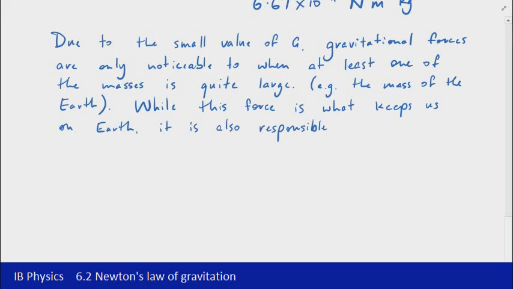Notice though that the value of the force would be different when you've got a greater distance, say for the Moon or satellites, or the further out that you get. It's also responsible for the orbits of satellites and the Moon.